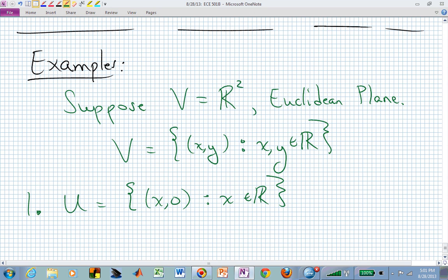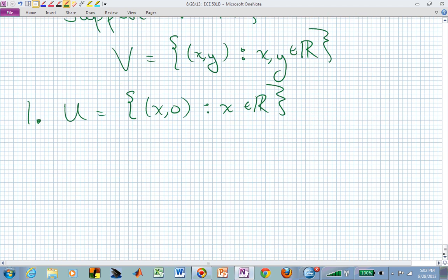This is now a subset of R2. But what is that subset right now? That's just the x-axis, isn't it? That's pretty easy to visualize. So now we're saying, okay, is the x-axis going to be a subspace? And we would think it should be. But let's just verify it for now.